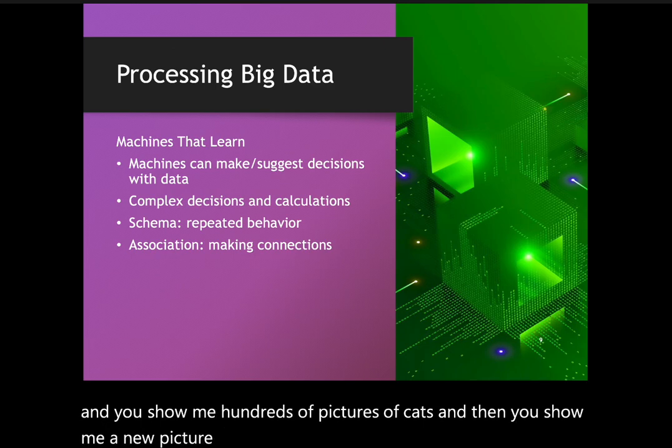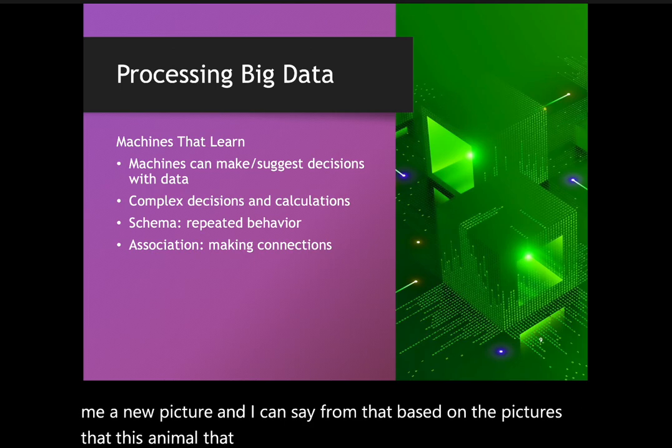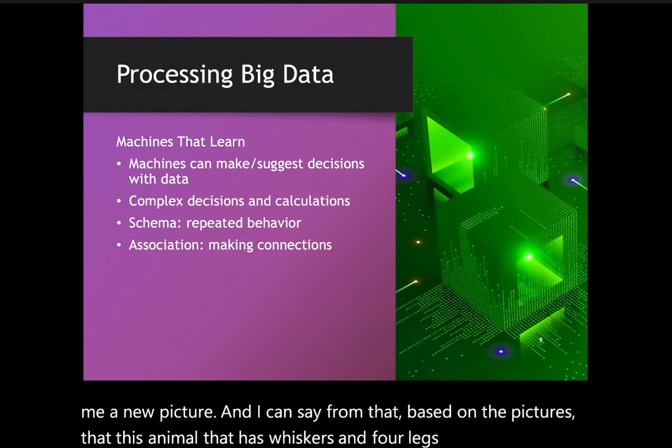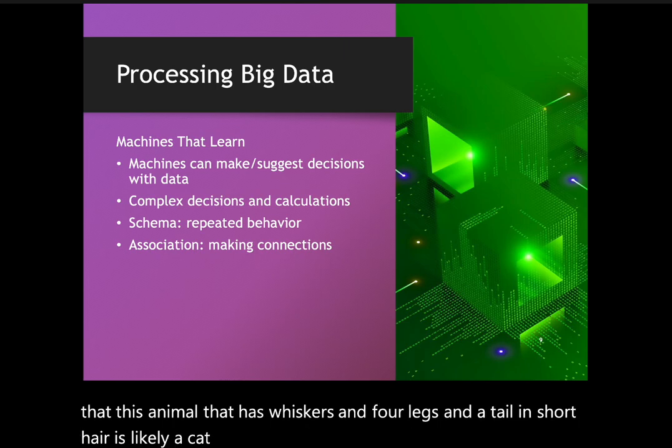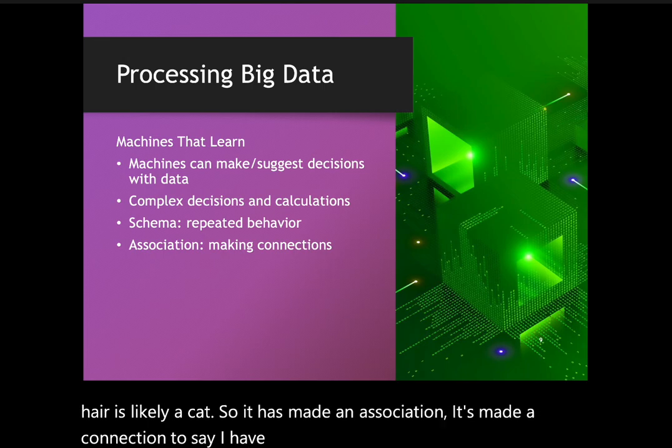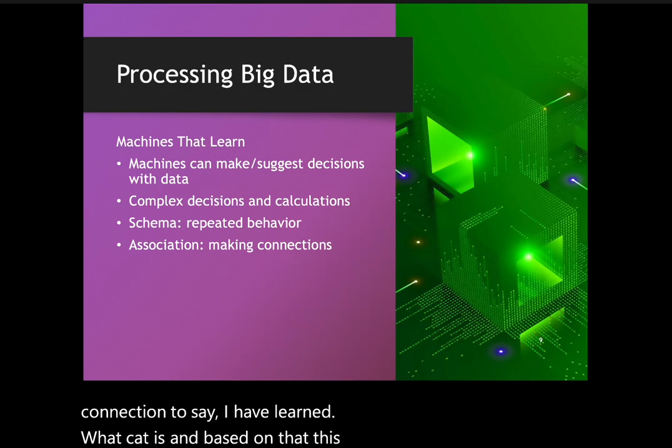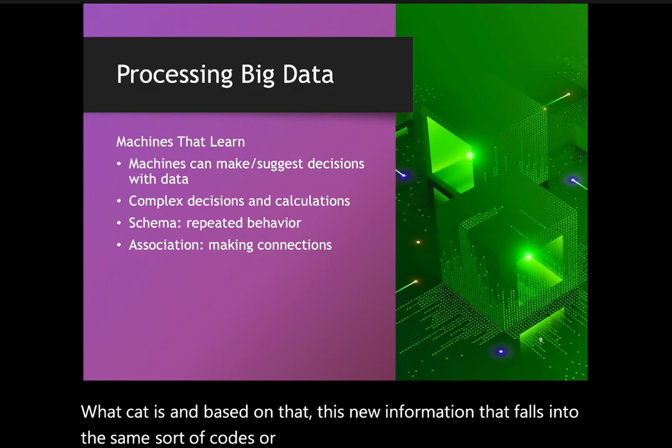And I can say from that, based on the pictures, that this animal that has whiskers and 4 legs and a tail and short hair is likely a cat. So it has made an association. It's made a connection to say, I have learned what a cat is, and based on that, this new information that falls into the same sort of codes or decisions of what makes a cat means that what you're showing me is a cat.